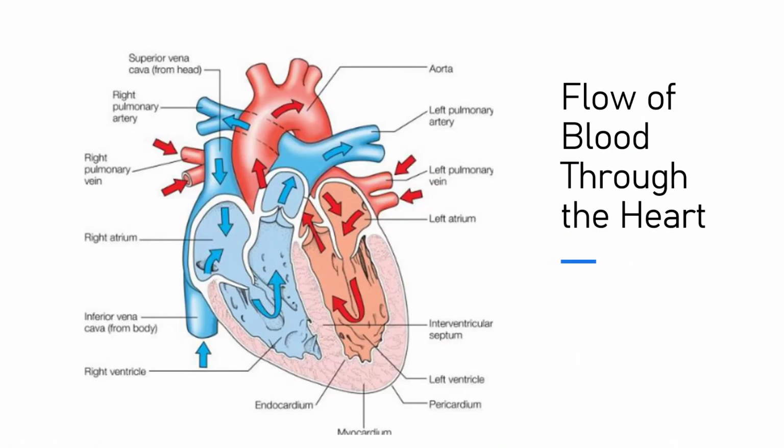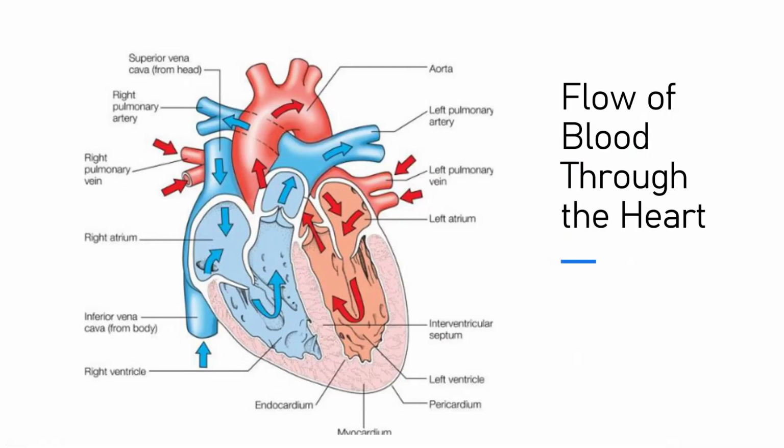And because our deoxygenated blood doesn't have oxygen but is carrying carbon dioxide, we need to get rid of that. So as it picks up the oxygen, it drops off the carbon dioxide into the lungs, and then we breathe that out. Okay. Meanwhile, that now newly oxygenated blood is coming back from the lungs through the pulmonary veins.